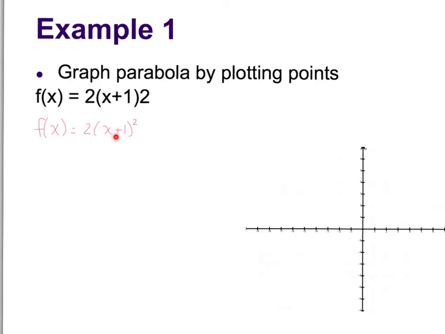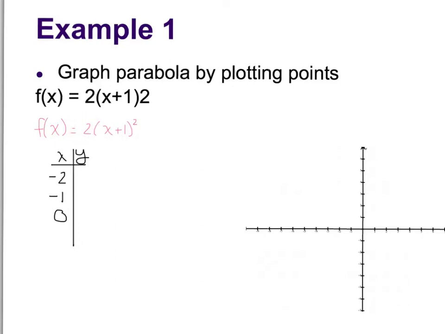Because I know it's moved left 1, I want to create a table of values where I'm evaluating it around that vertex, the point which we moved to the left. So I'm going to pick -2, -1, and 0. That should be enough to see the curvature of this parabola. I know that it's going to open upwards because the leading coefficient is positive.